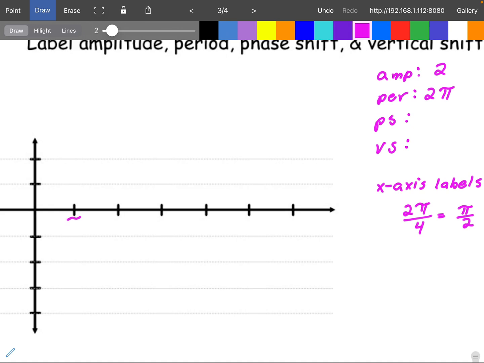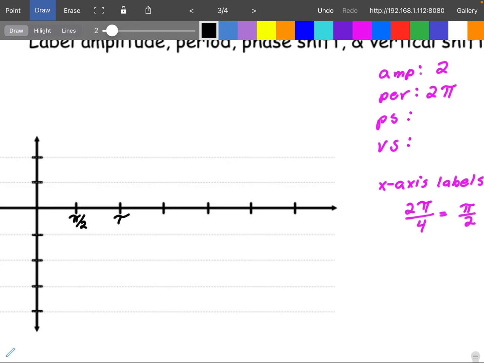So this first one is pi over 2. Then the next one would be 2 pi over 2, which is pi. Then 3 pi over 2. 4 pi over 2, which is 2 pi. And again, I'm going to do some more because I'm not totally sure which way I'm shifting, if I'm shifting. So I'm going to go ahead and do more just in case.